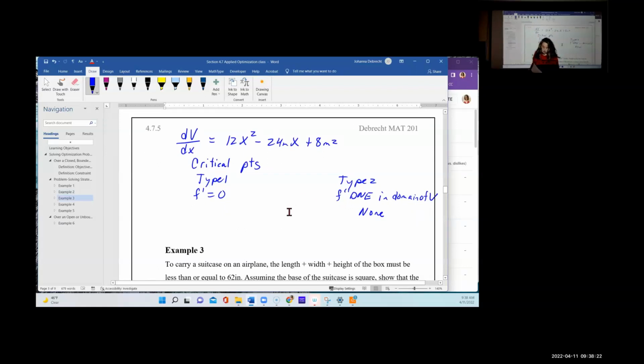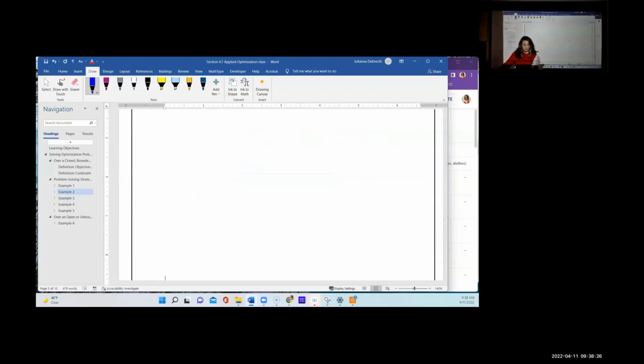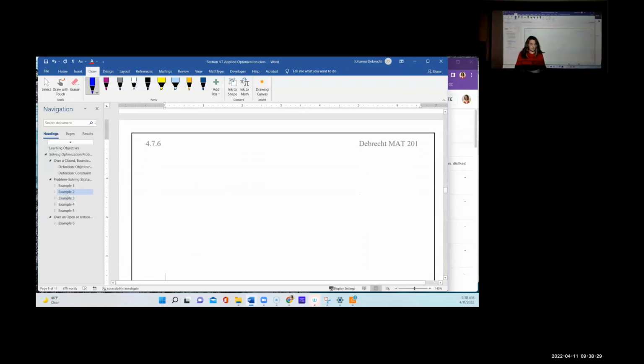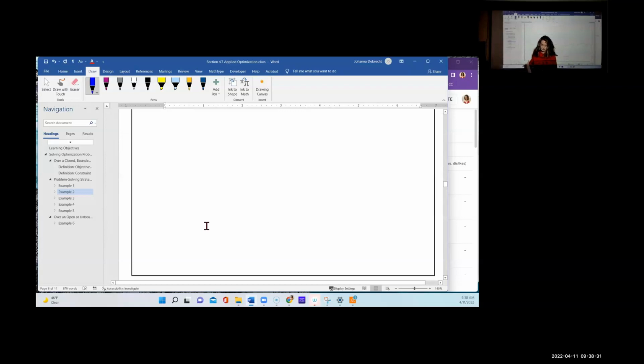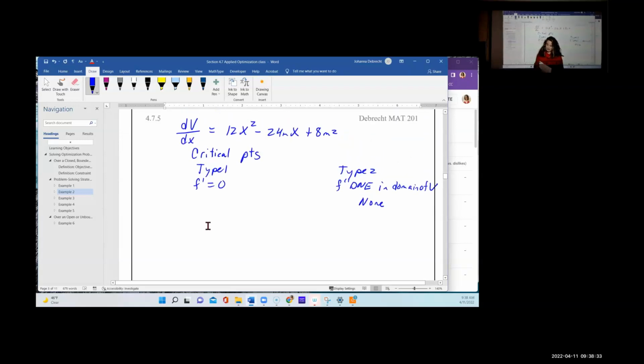And what are we going to have to do in order to find the critical points of type 1? Factor, but it's kind of hard. So we can write it as 12x squared minus 24 meters x plus 8 meters squared equals 0. We can divide every term by 4, at least to start, to reduce the values a little bit.